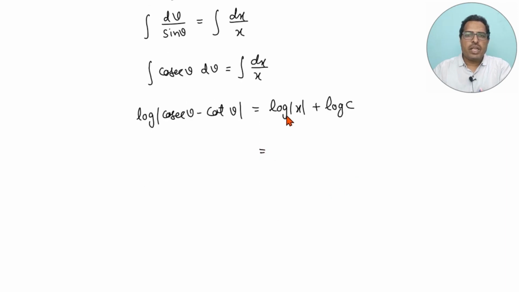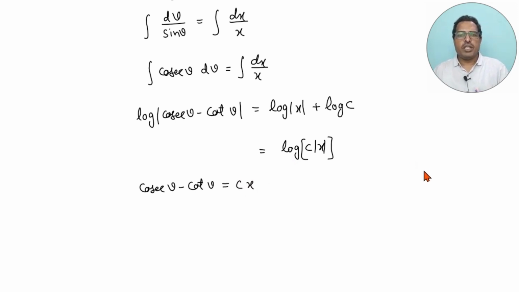On the right-hand side, log m plus log n can be written as log of m into n, that is c times mod of x. The left-hand side remains the same. Since log is on both sides, it is eliminated, and we are left with cosecant of v minus cot of v equals c times x.